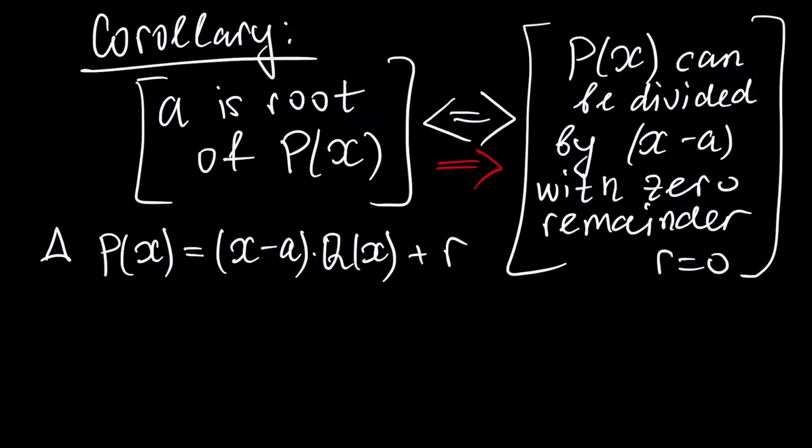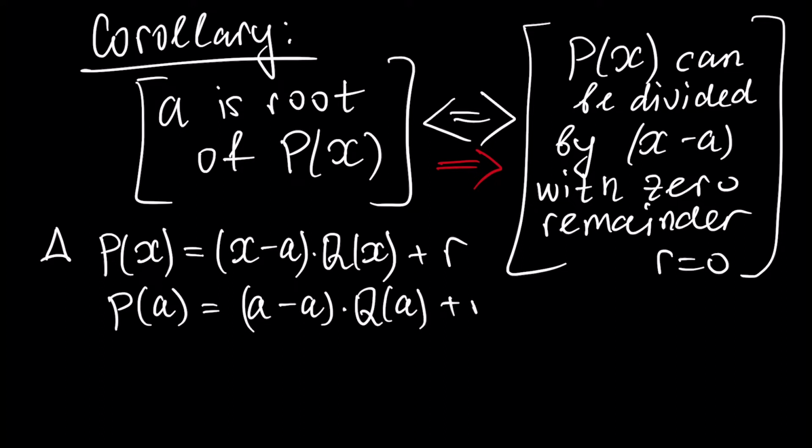And when we insert instead of x number a, then we have this. And since a minus a is equal to 0, this member will be 0. And that's why p of a is equal to r.